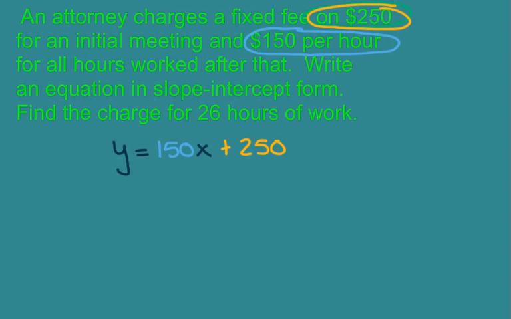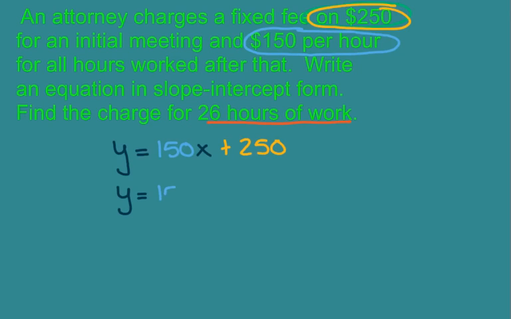Now from there, I'm going to go a little bit further. I want to know the total cost for 26 hours of work. Well, x represents the number of hours, so I'm really finding the total, which is y.